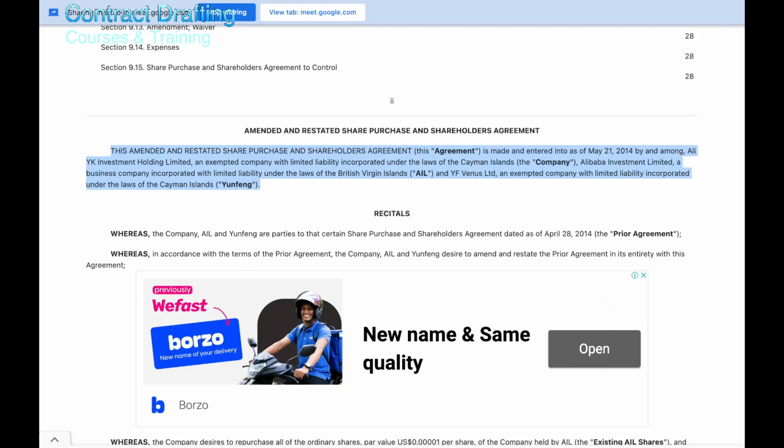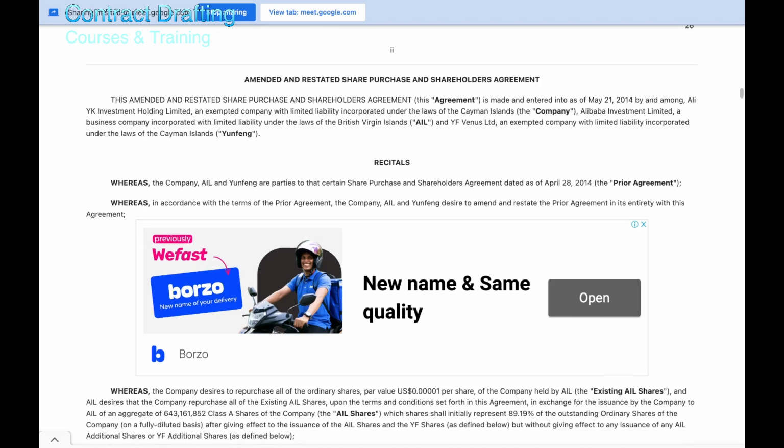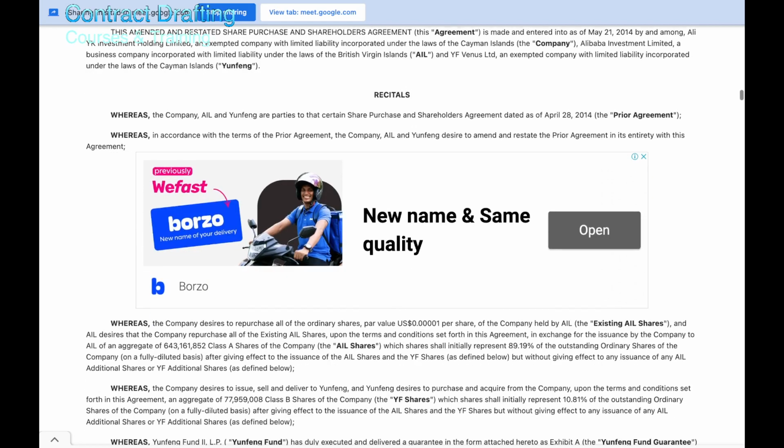So, like Alibaba Investment Limited, a business company incorporated with limited liability under laws of British Virgin Islands, or YF Venus Limited, an exempted company with limited liability incorporated under laws of Cayman Islands. So we are identifying the parties. Then there is the recital or the background of the transaction. Then we saw the definitions, and then we saw the interpretation clause.